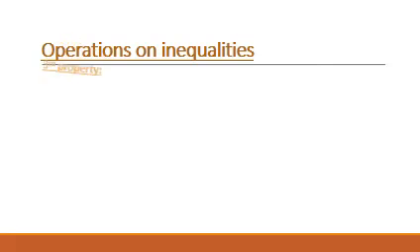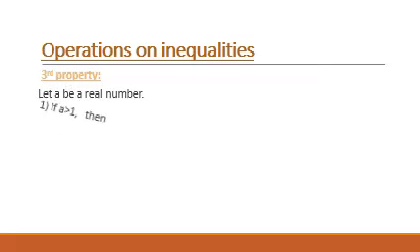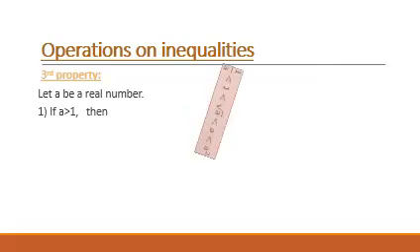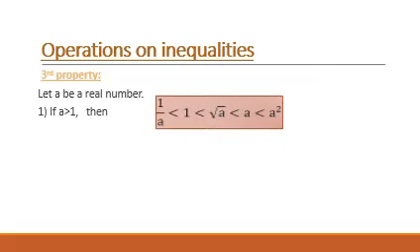Let us do some operations on the inequality, which is the third property. If I have A greater than 1, then 1 over A is less than 1, is less than radical A, is less than A, is less than A squared. This is in case A is greater than 1. But what if A is between 0 and 1?